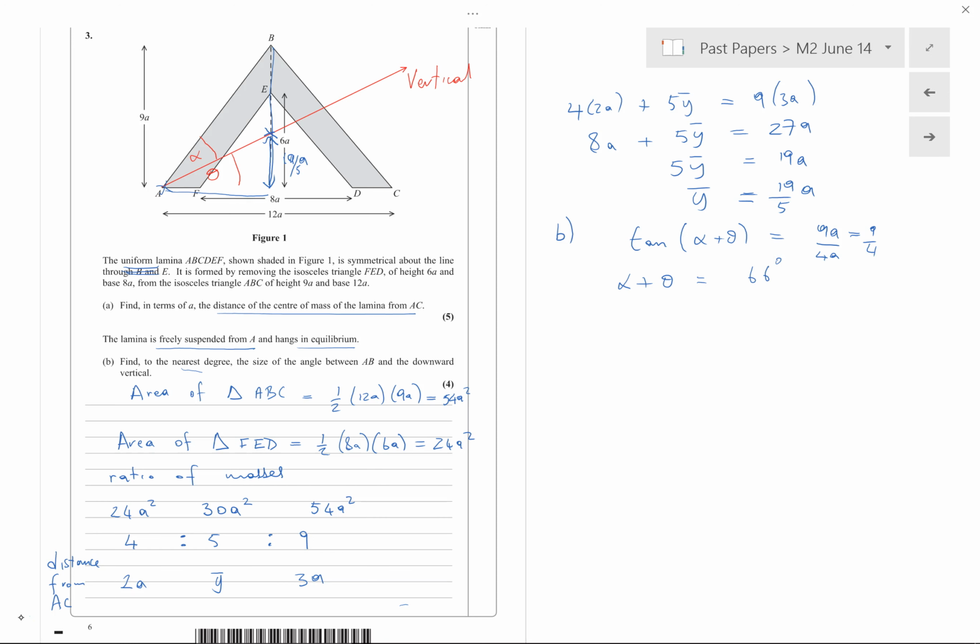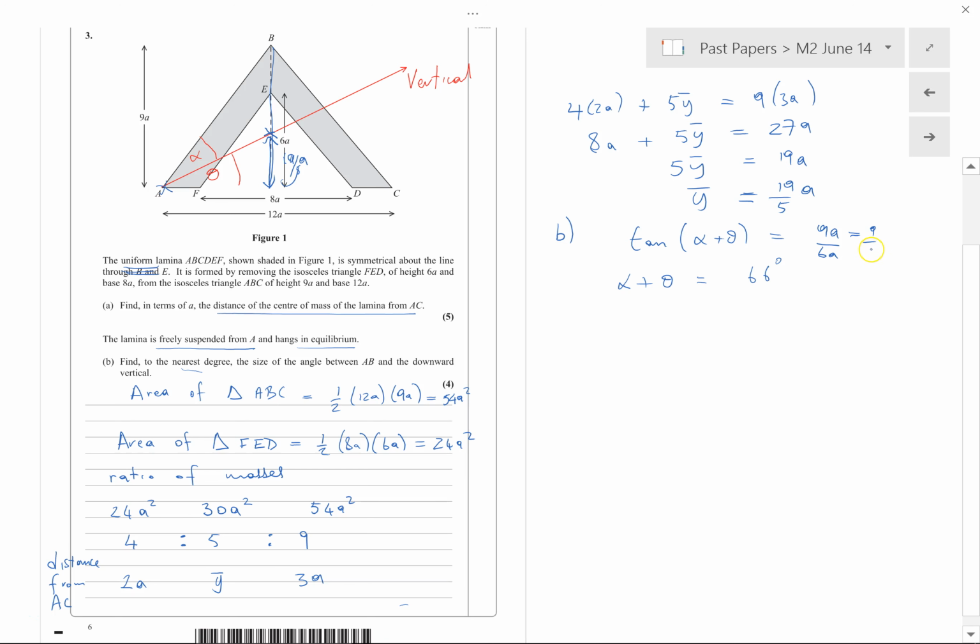Oh God, it looks like I failed again. The length from there to there, of course, is 6a. And the length from there to there is 9a. So let's get it right. It's annoying. Okay, so that's over 6a.